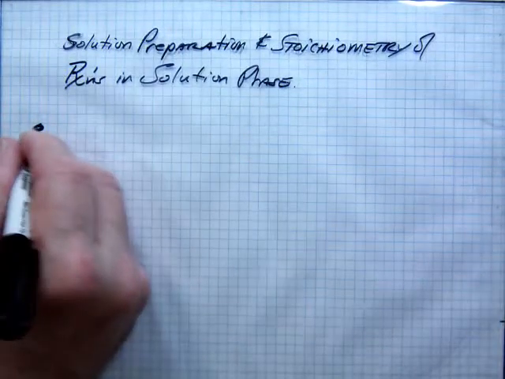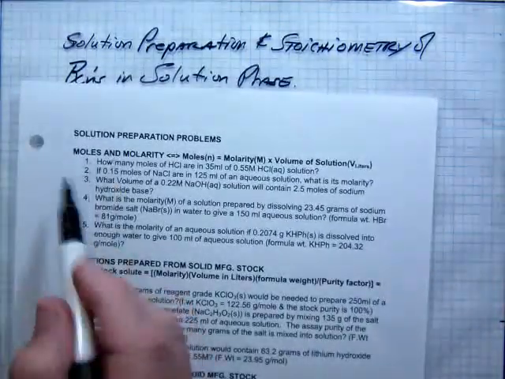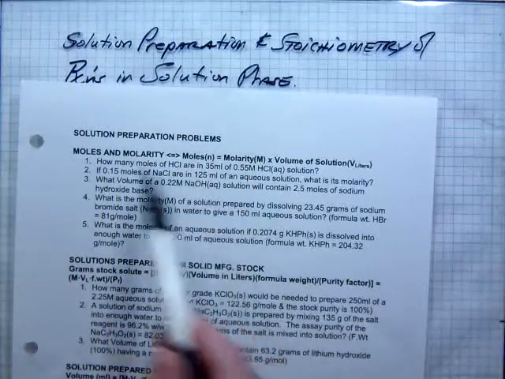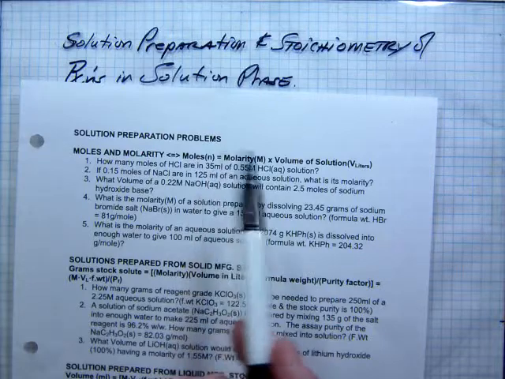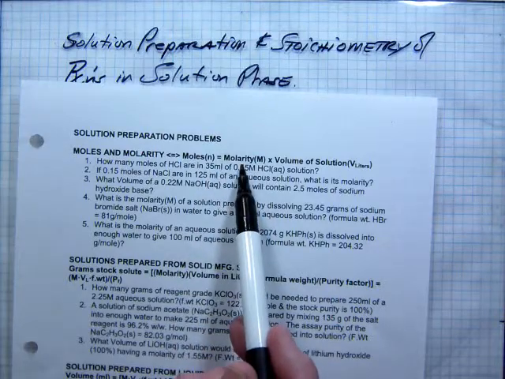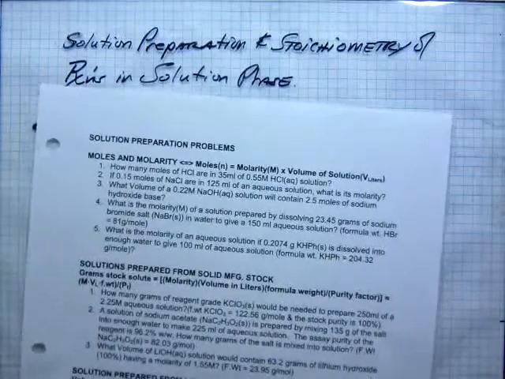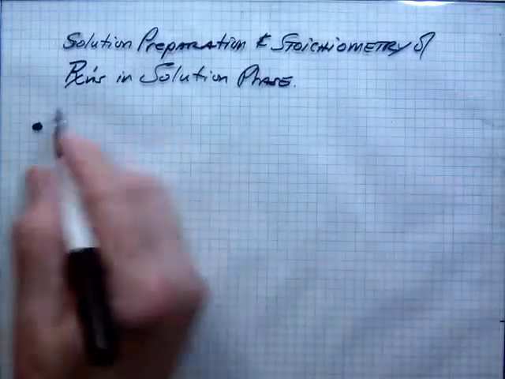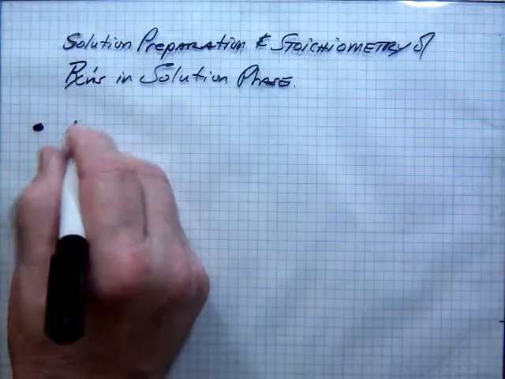So we begin this with the worksheet here, where we're dealing with moles, molarity, and we define the idea of moles. n is defined as molarity times volume of solution in liters. Now, to start this real quickly, the definitions that we need is in molarity.